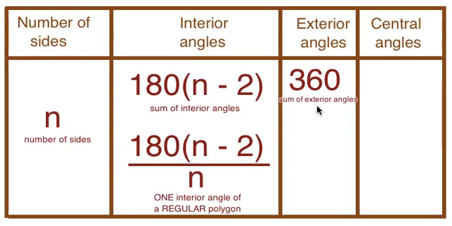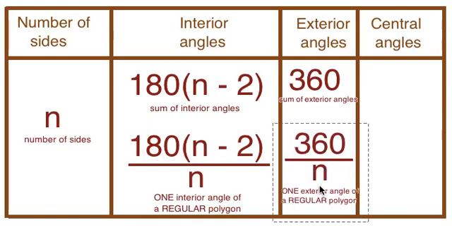Now again, if the polygon you're looking at has all of its exterior angles the same, because it's a regular polygon, then you have another formula which tells you the number of degrees in a single one of the exterior angles of a regular polygon. And that's just the same total, 360, shared out between the number of exterior angles you're dealing with, in this case, n.